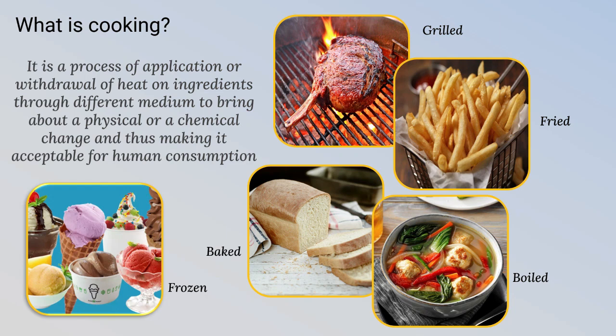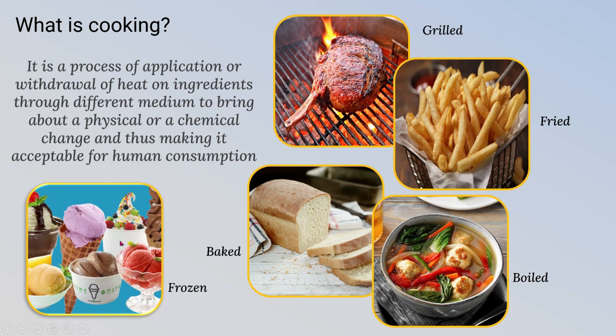And one thing is very clear: in every case heat is applied. Here burning charcoal is at the bottom. Here the potato was fried in hot oil. In this case the bread was baked in the oven. In this case the food is boiled on the fire, on the stove top. And here it is refrigerated.